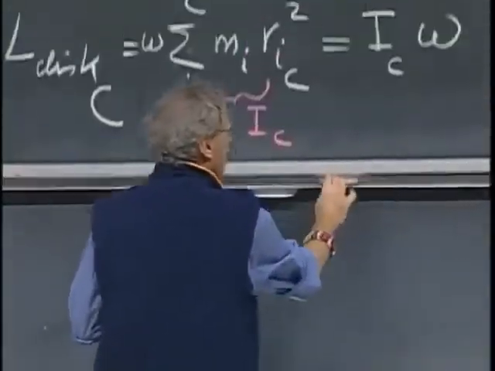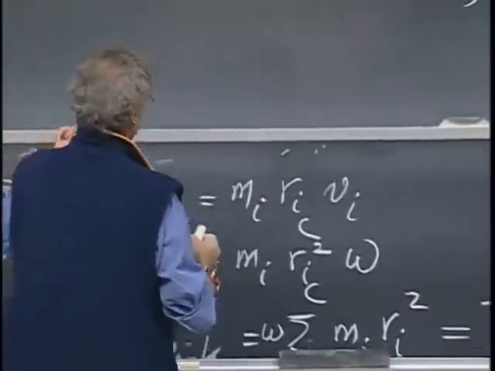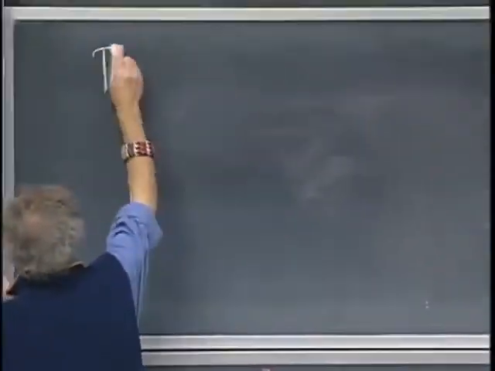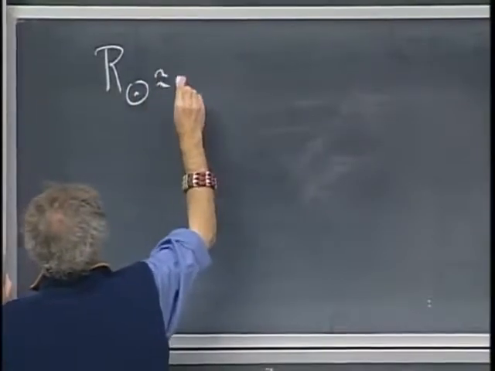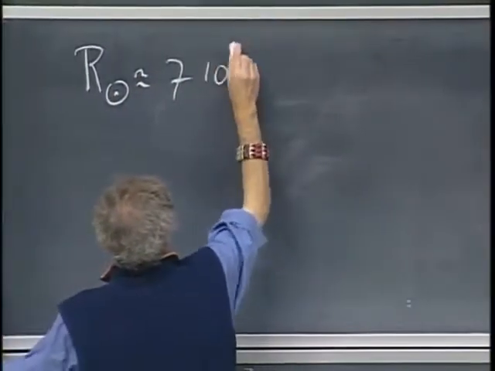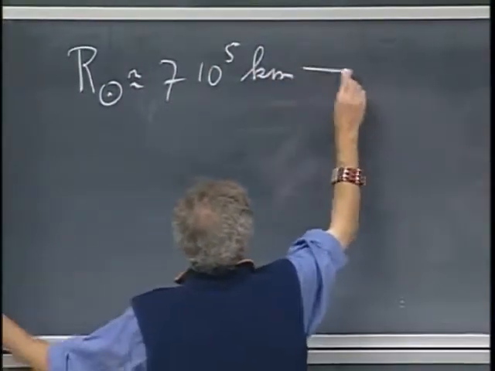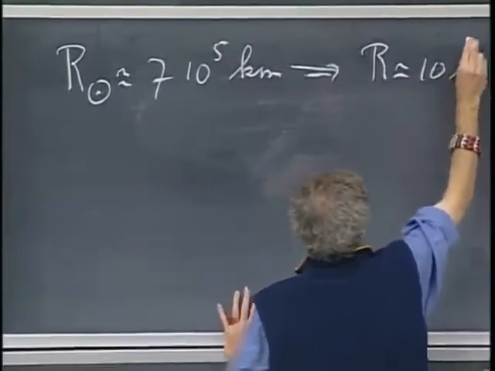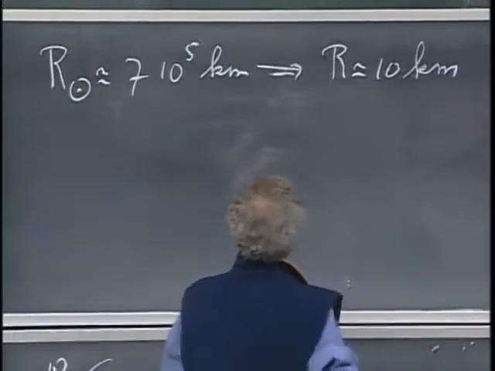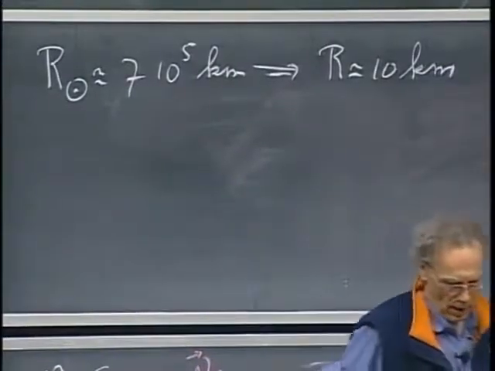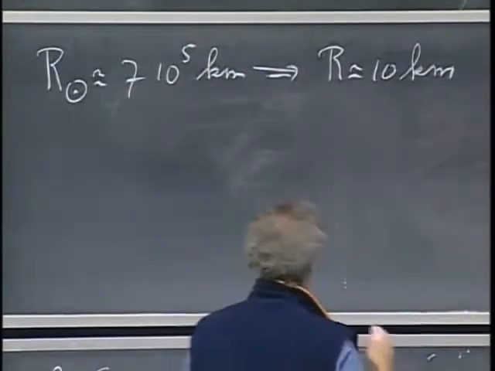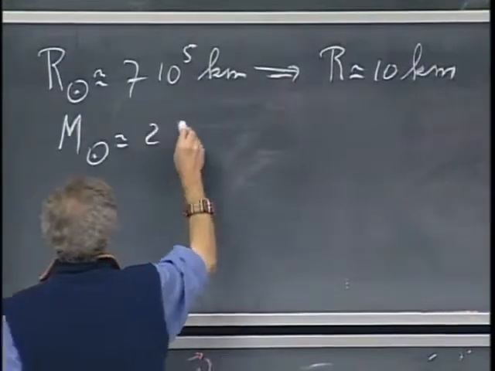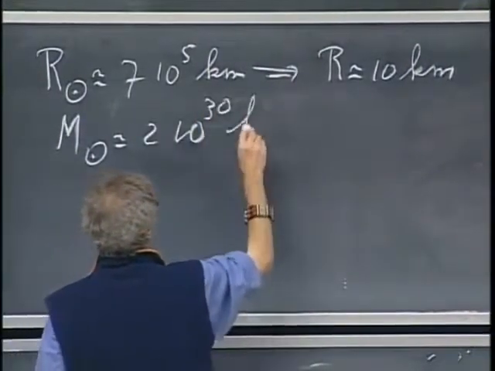It's just to get some feeling for the numbers. The mass of the sun is 2 times 10 to the 30 kilograms.